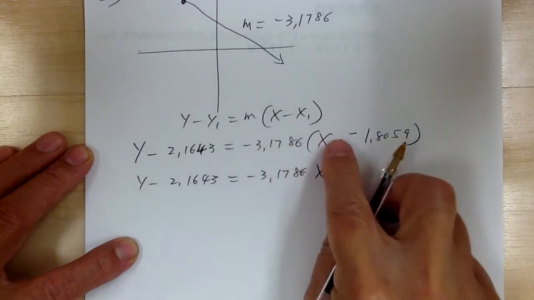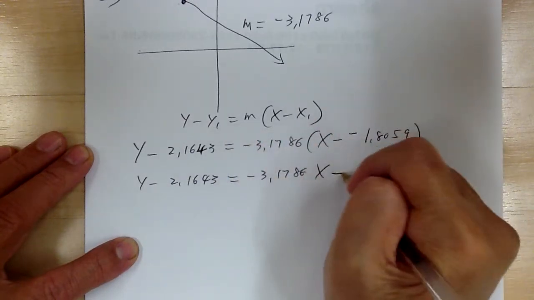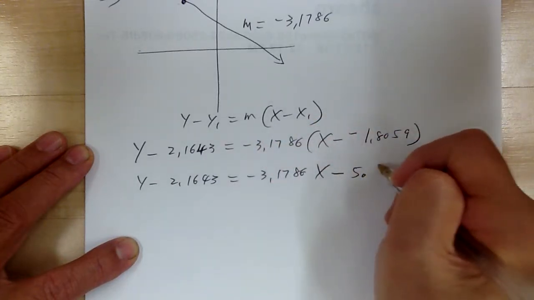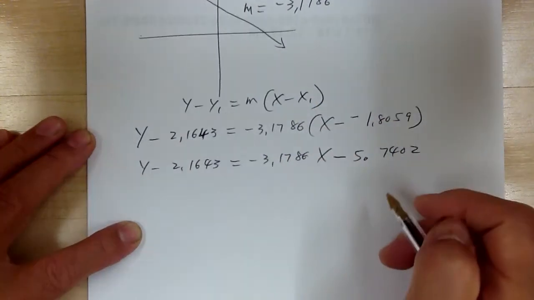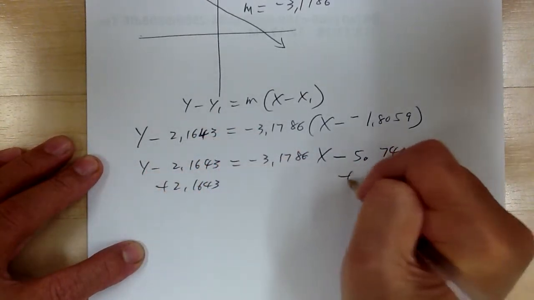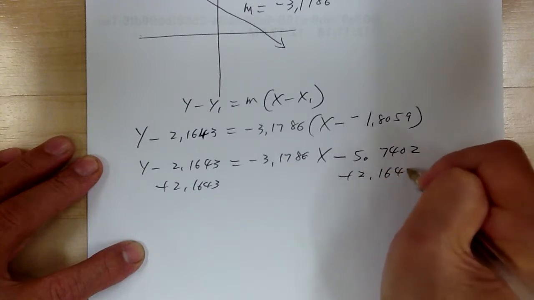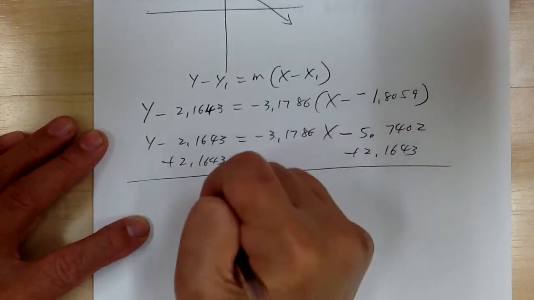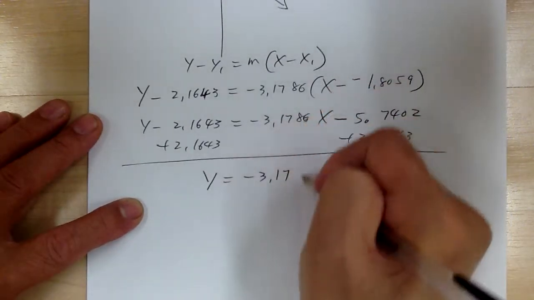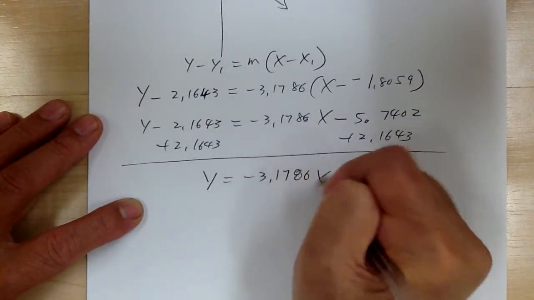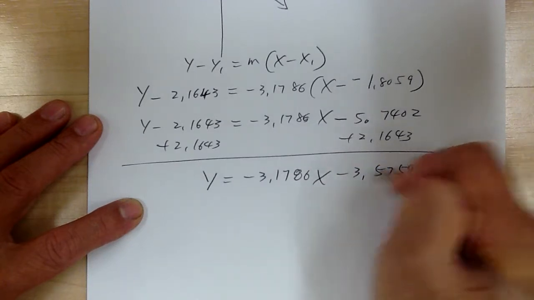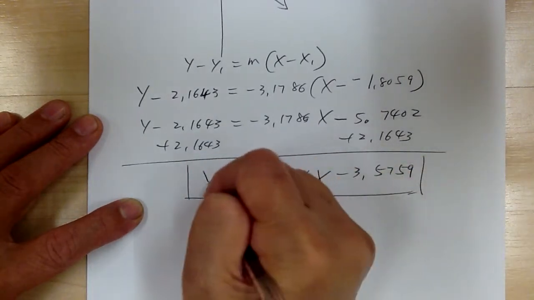Now you've got negative, negative, negative 3. Negative times negative will give you a plus, and multiplying the numbers, you get 5.7402. So plus 2.1643 on both sides. So you get y equal to negative 3.1786x minus 3.5759. Okay, and that's it.